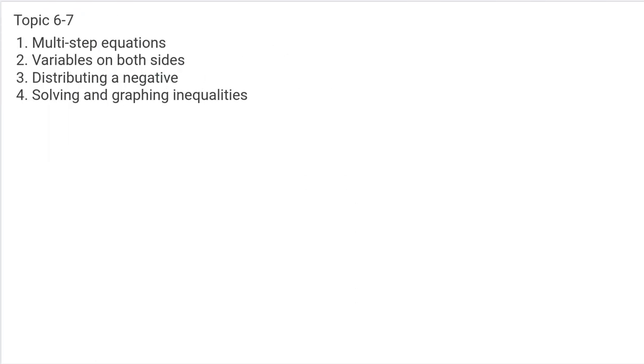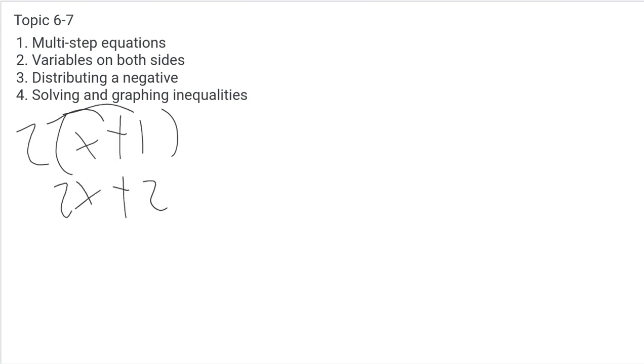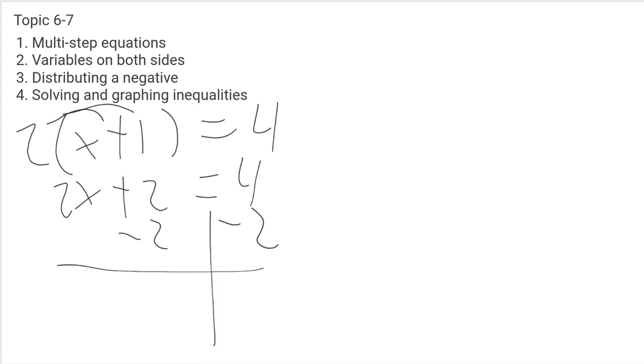Multi-step, that was when we had maybe a number outside that we needed to distribute before we could solve on the other side. And then we could subtract. Variables on both sides.